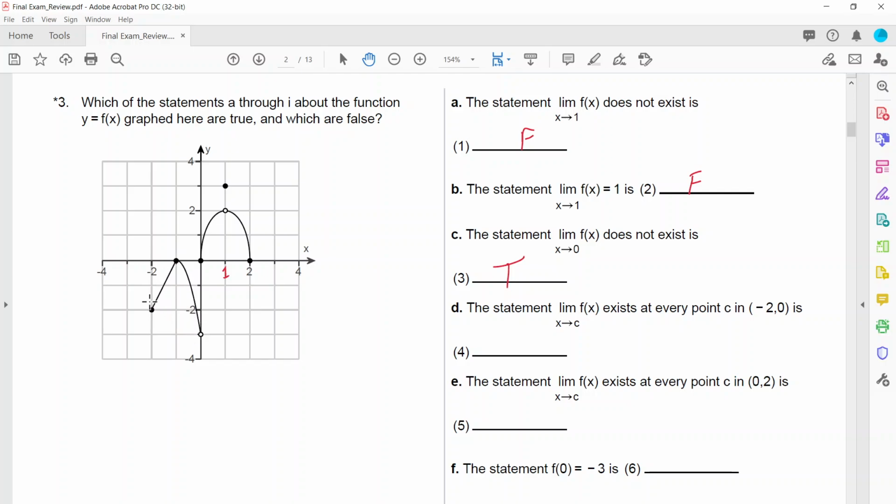You can find the limit at any point from here to here, not including these boundary points. So the statement that the limit of the function as x approaches any value from -2 to 0 does exist is true.